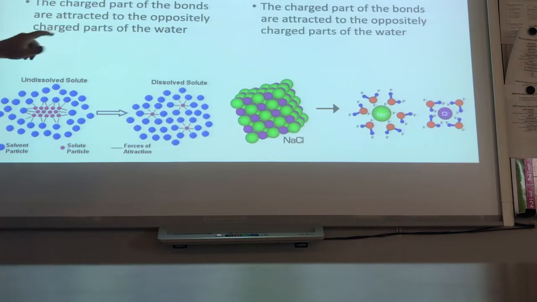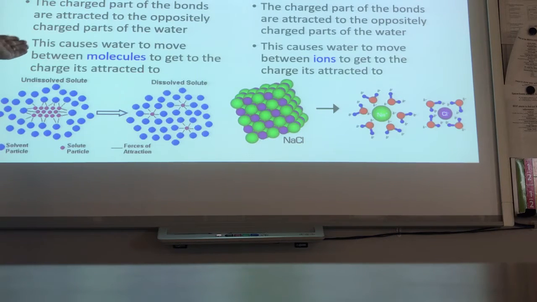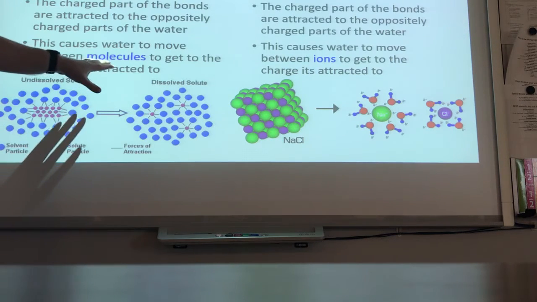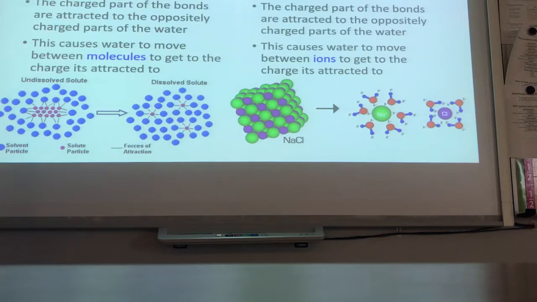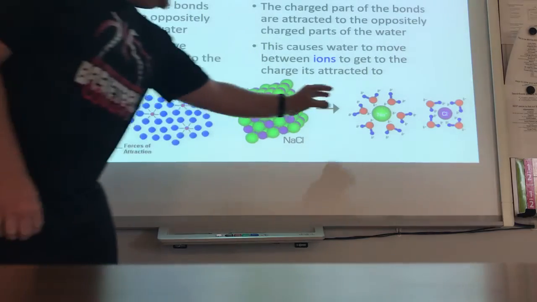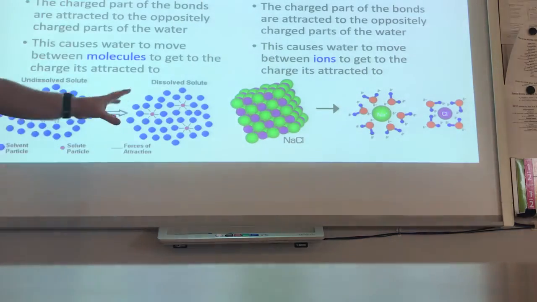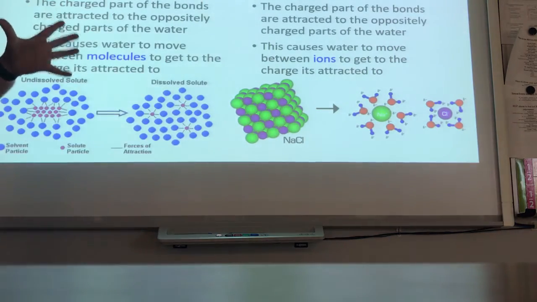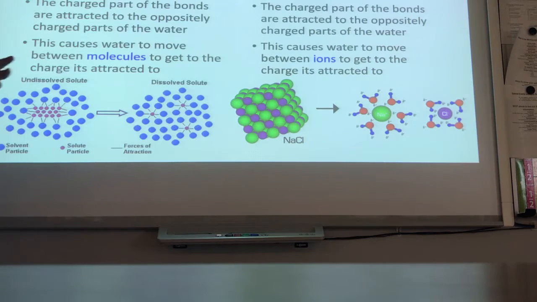This causes the water to move between molecules and to get to the charge it's attracted to. The same thing happens over here. We get those charges, negative and positive attracting, and that's what allows the solubility to happen.